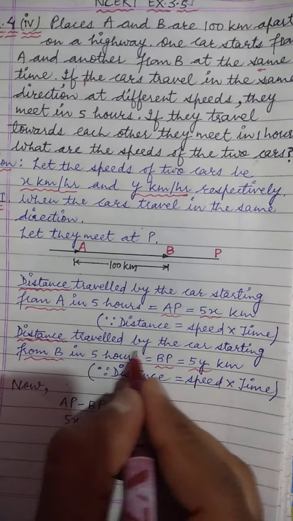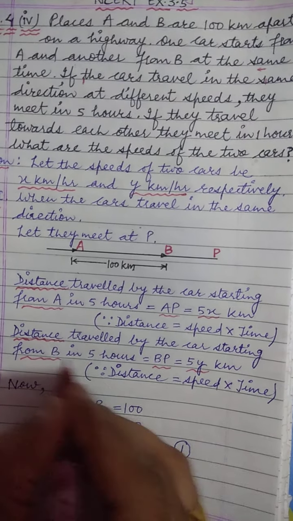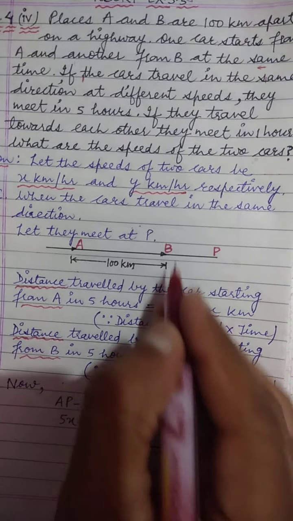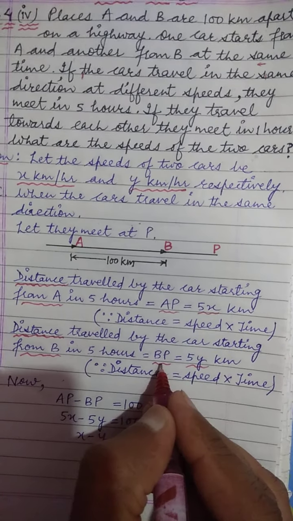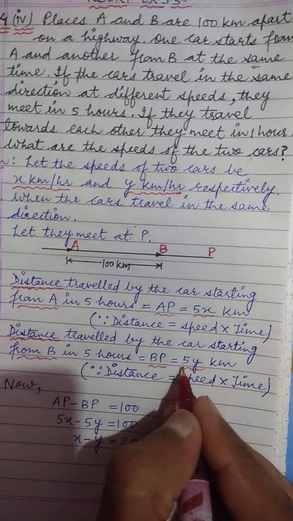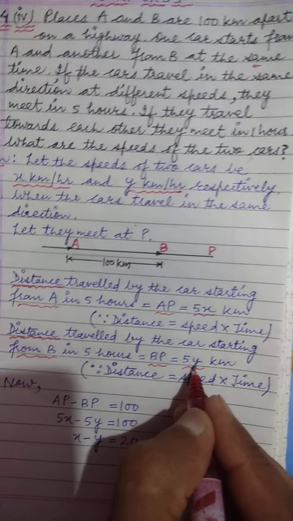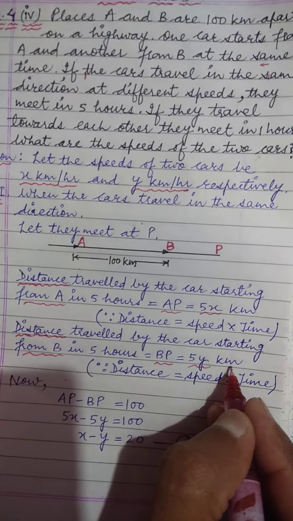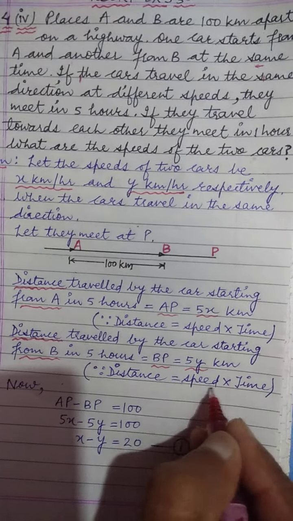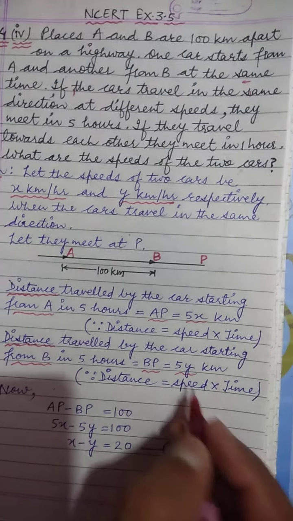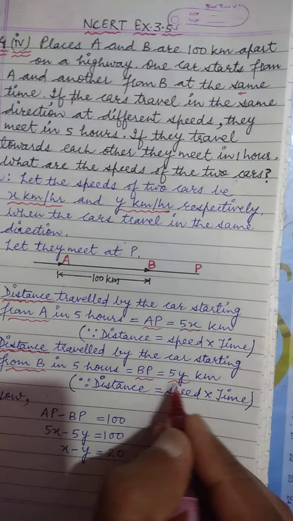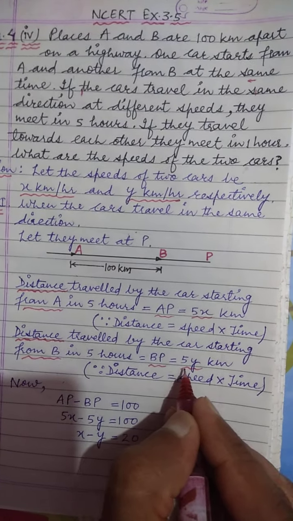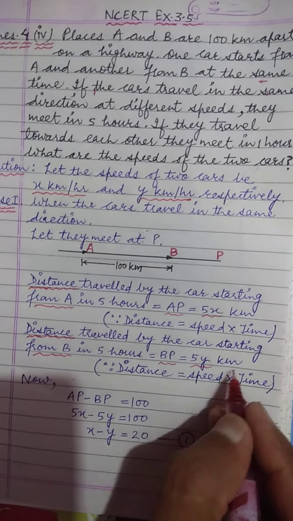Similarly, the distance traveled by the car starting from B in 5 hours will be BP, and therefore it will be 5 multiplied by y, that is 5y kilometer. Again, since distance is equal to speed into time, the speed of the car from B is y km per hour and time is 5 hours. That's why it is 5y kilometer.